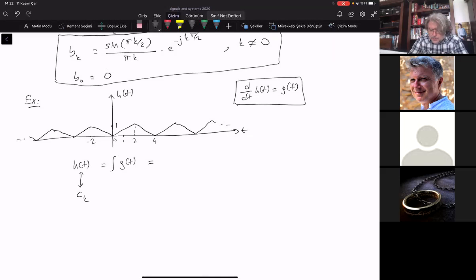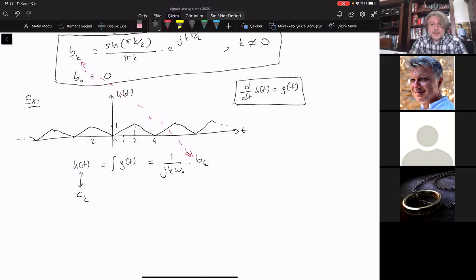And this is equal to, do you remember the derivative formula? It was a multiplication by jk omega 0. So I'm going to divide by jk omega 0, 1 over jk omega 0. I will replace omega 0 later on because now it's in the formula like this, times bk, where bk is this one. Okay, like this, these bk's.